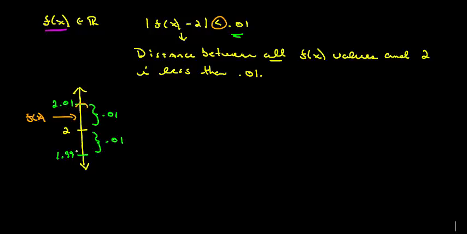So it's stuck in there somewhere. Now how do I write that interval? I would say that f of x is greater than 1.99 and it's less than 2.01. Okay, this is your solution right here.